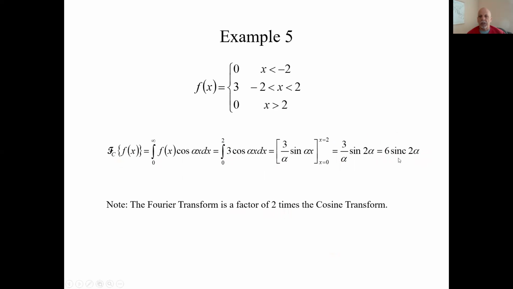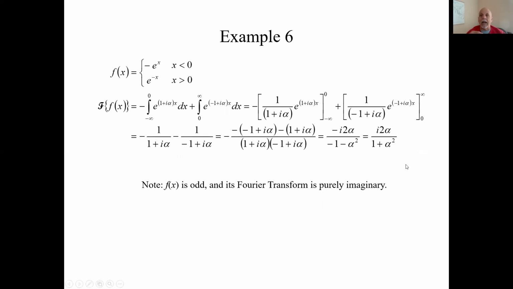The Fourier transform was exactly twice the cosine transform. And notice in this case, this is an even function. So it's not quite that the cosine and sine transforms are the Fourier transforms for even and odd functions. There's a factor of 2 difference here.